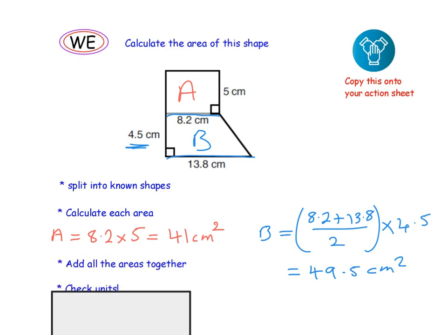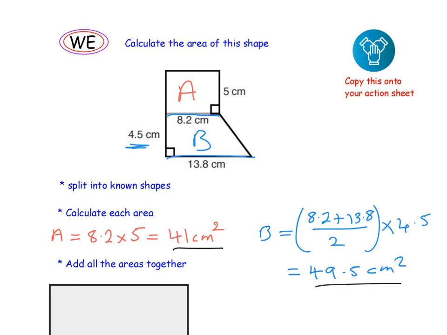Now the only thing left to do is to add all the areas together. So I need that area and that area. So if I do that, the total area is equal to 41 plus 49.5.